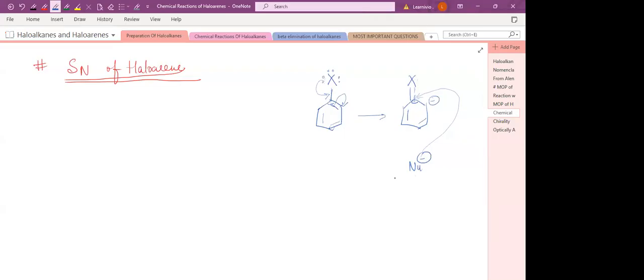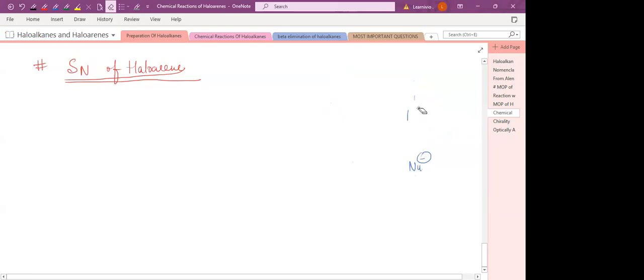Nucleophilic substitution reaction of haloarenes is possible at high temperature and high pressure, that is, at drastic conditions. And the second condition is when you attach some electron withdrawing group at ortho or para position. In these two conditions, nucleophilic substitution reaction of haloarenes is possible.